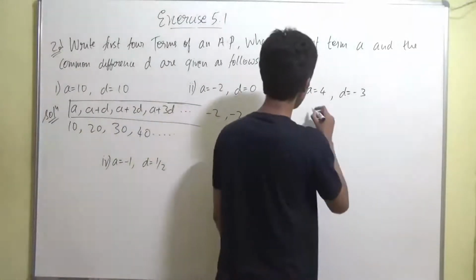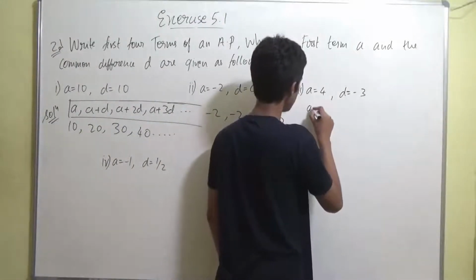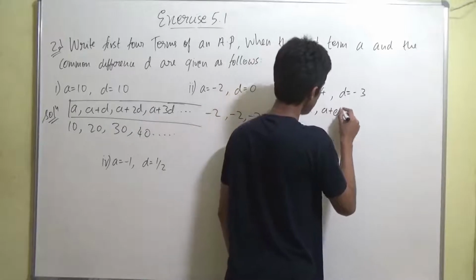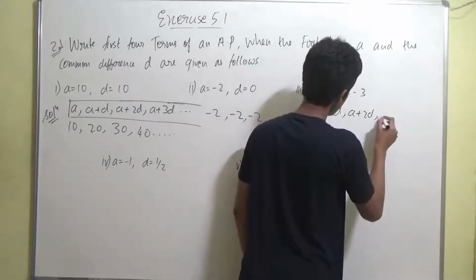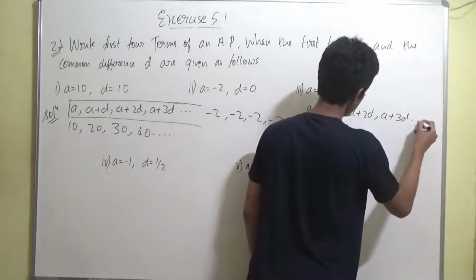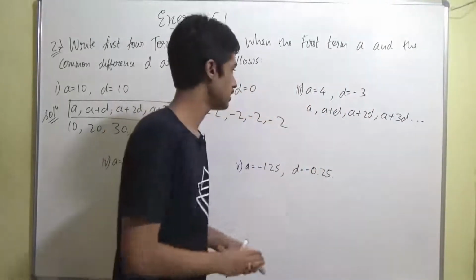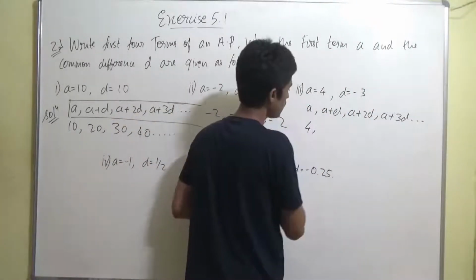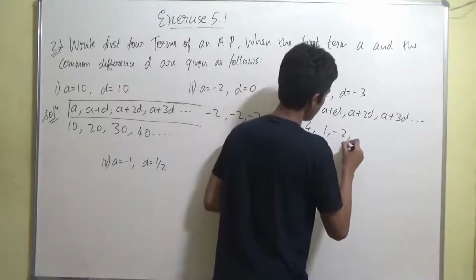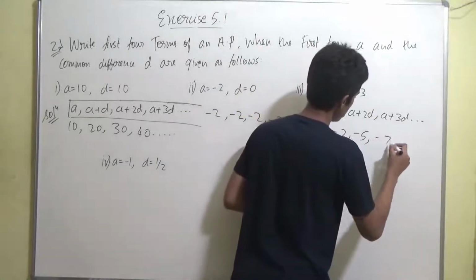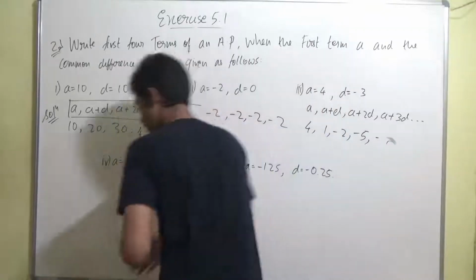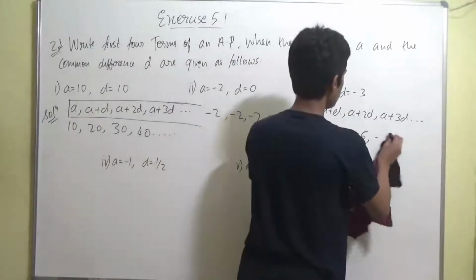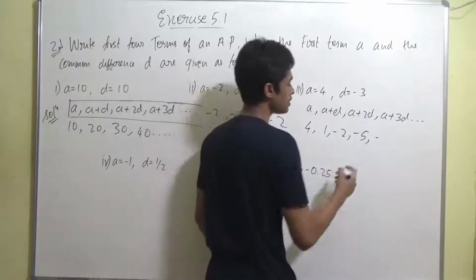Same formula, right? A, A plus D, A plus 2D, A plus 3D, and so on. If you put the values of A and D here, it will become 4, 1, minus 2, minus 5, minus 8. Getting it? Because every time you're subtracting 3 from the previous number.